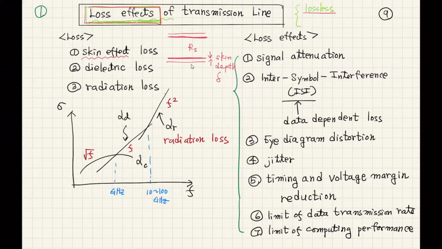And this skin depth decreases if you increase the frequencies. So if you want to have higher and higher data transmission through the interconnections, you're going to have higher and higher resistances, and it will create attenuation of the signal.